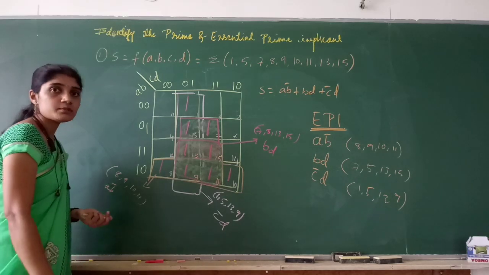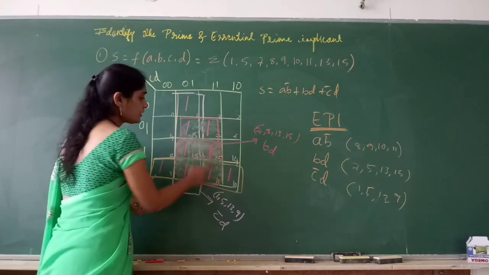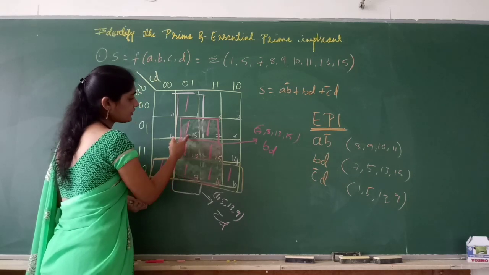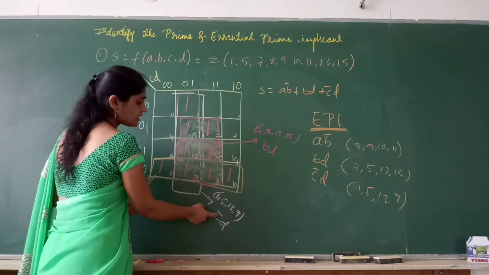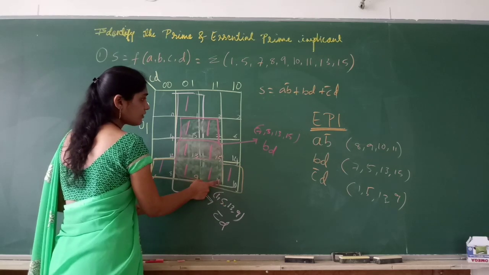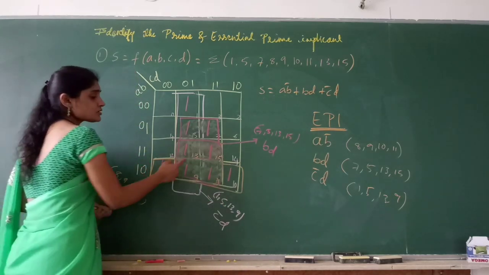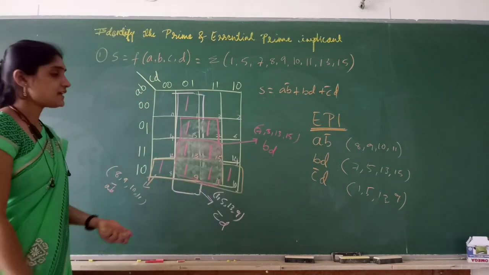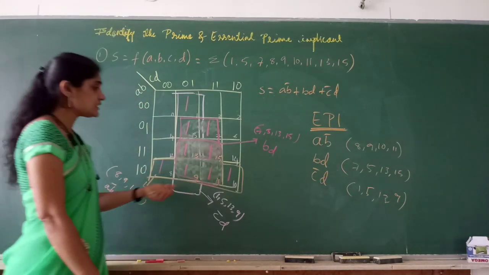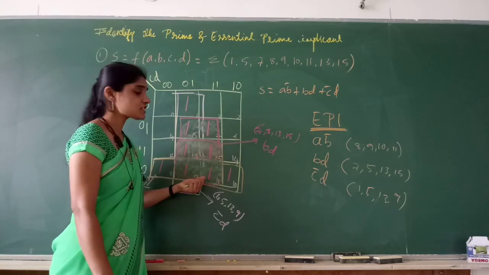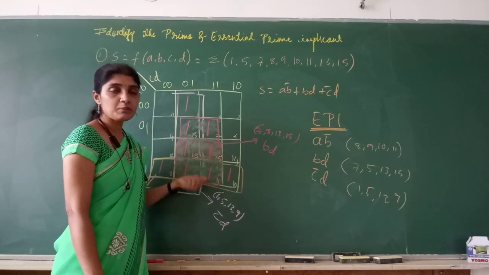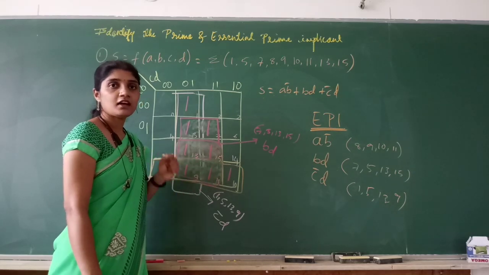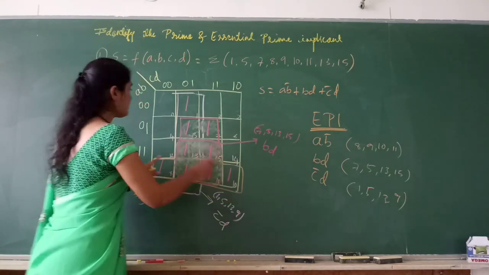But is there any unique min term present in this particular group? 15 is already covered with this. 13 is also already covered here. 9 is covered with this group. 11 is covered with this group. So 13, 15, 9, 11 are all already grouped. There is no unique min term present in this group. So this will become a prime implicant, but not an essential prime implicant.